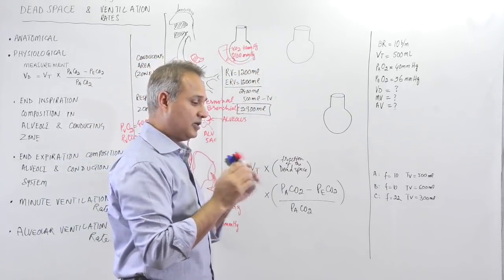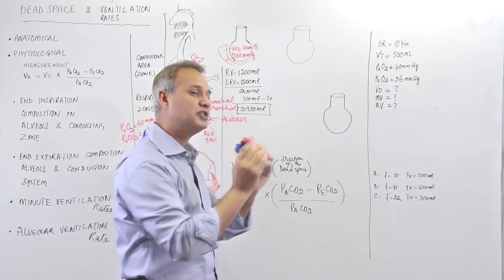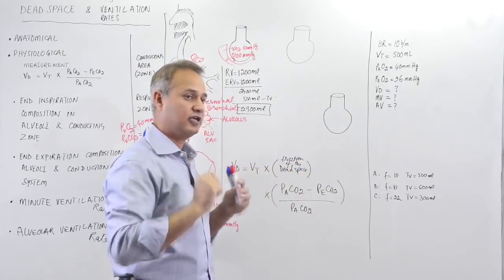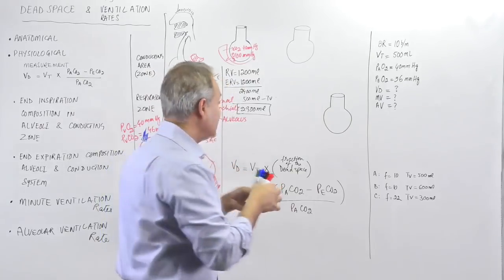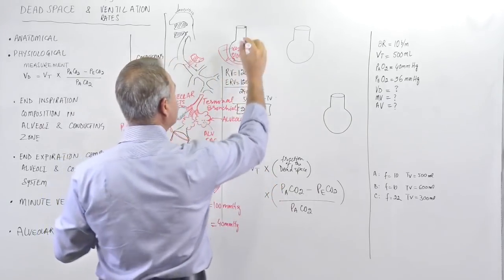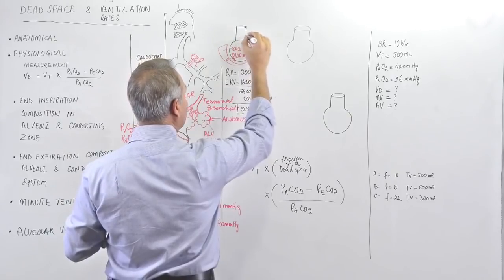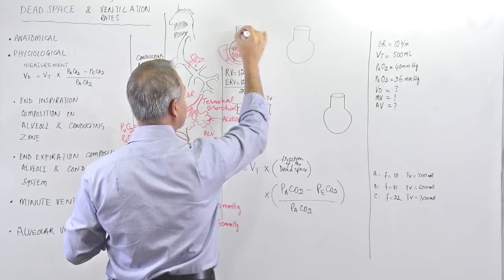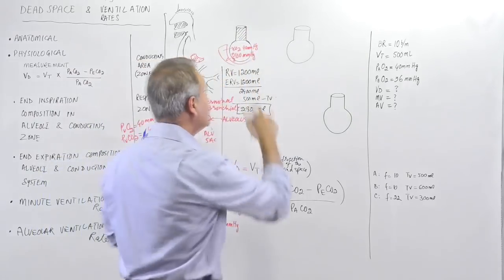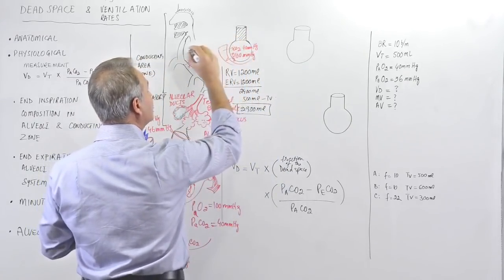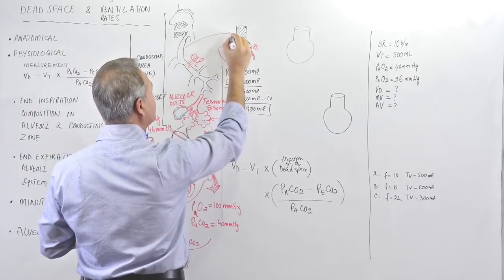Now I exhaled. How much did I push out? 500 ml. In that 500 ml, there was a part of gas that was pushed out from this part, the neck of the balloon here. This neck of the balloon represents the anatomical dead space.